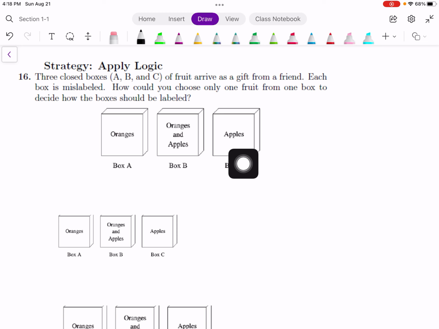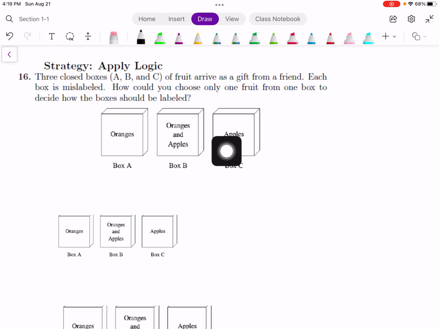If I draw a fruit from this box and get oranges, it's not going to allow me to determine whether this box has just oranges or oranges and apples. So it might be too risky to draw a fruit from this box, because if I pull an orange, I'm still not going to know.